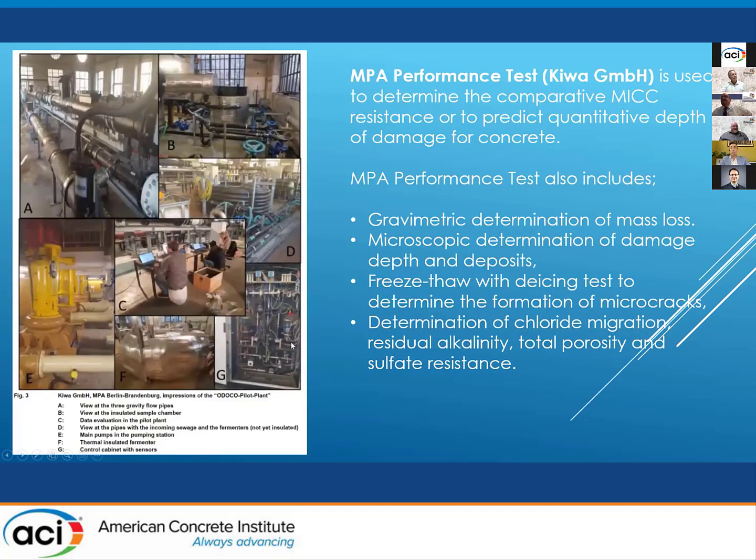This is the Kiwa facility, and so they tap into real live sewers in Hamburg, I believe. Berlin. And so that's where they're getting their effluent. They then have a residence area for generating real live exposure conditions.